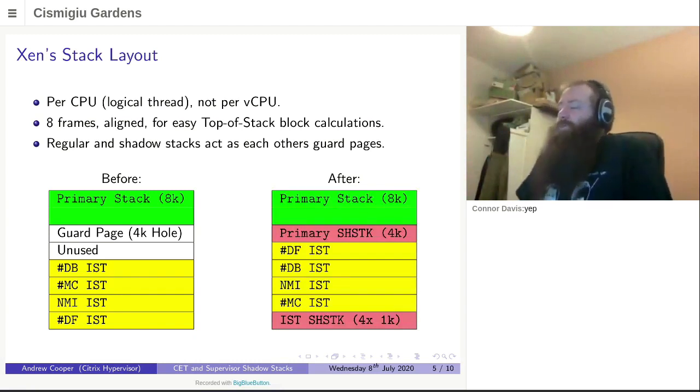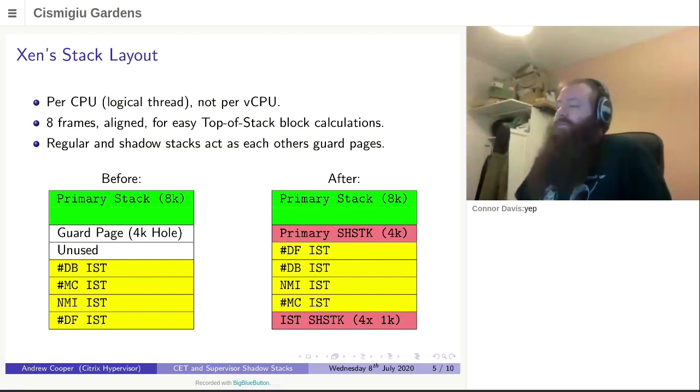It turns out that we managed to fit the shadow stacks in without changing the layout too much and without changing the size at all. Something to note is that regular and shadow stacks act as each other's guard pages.